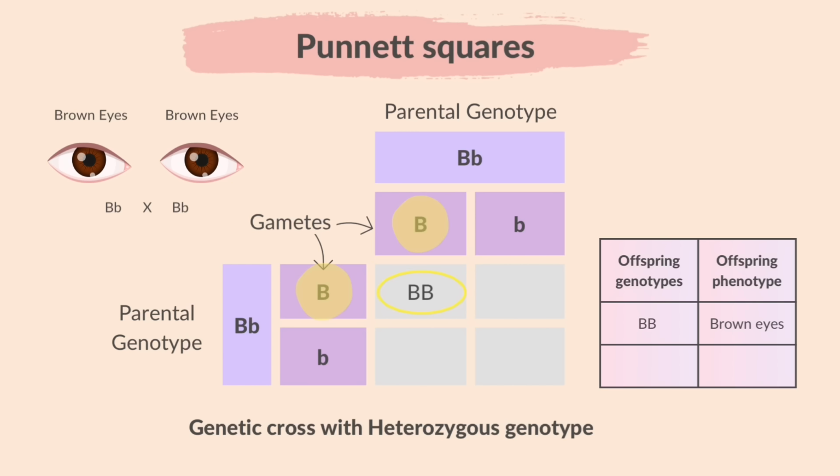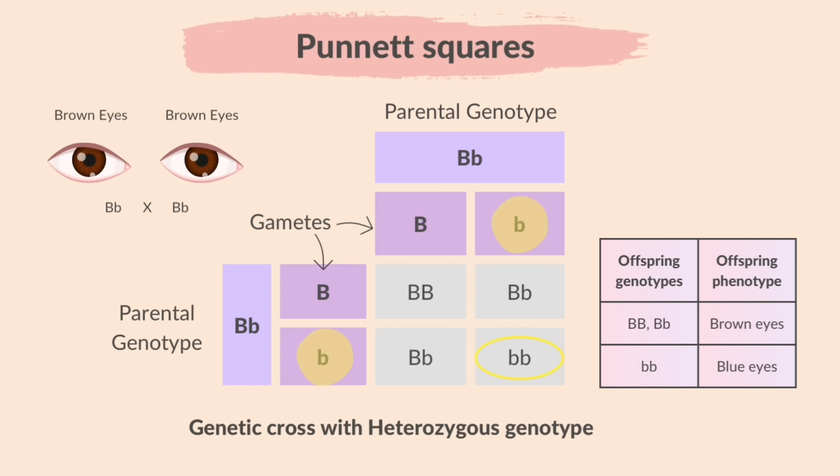Here we have capital B, capital B. So this will be a pure breeding brown-eyed offspring. Here we will have capital B, small b, a heterozygous brown-eyed offspring. Here also we will have capital B, small b.